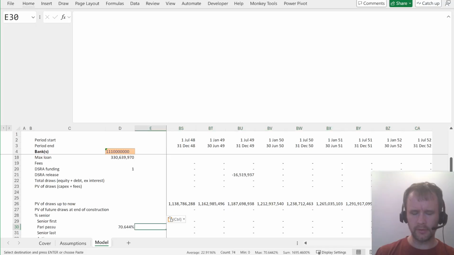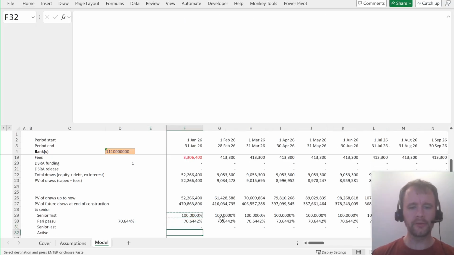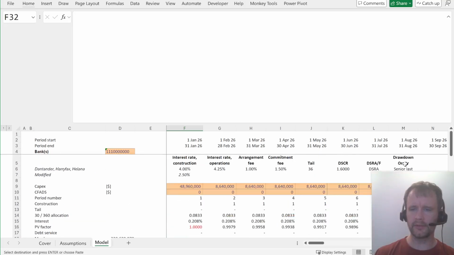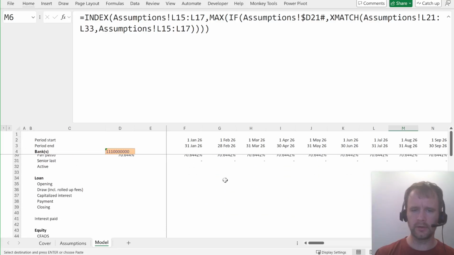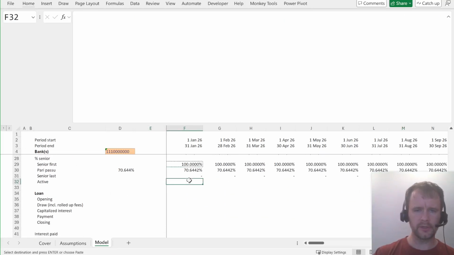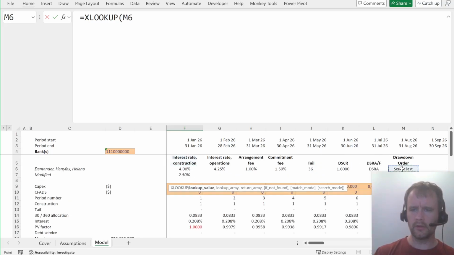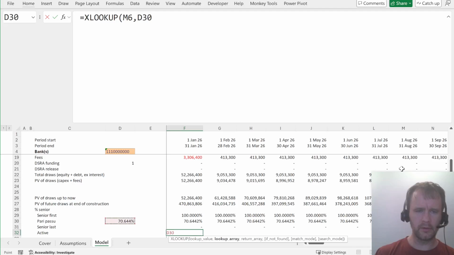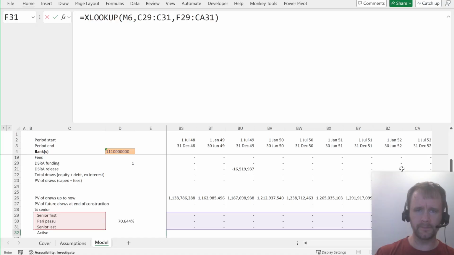Why is my format gone weird? Okay, never mind. So then finally we have one active scenario, which is the particular one for here. So we'll just say equals xlookup the active scenario in the list of scenarios returning from the list of percentages.